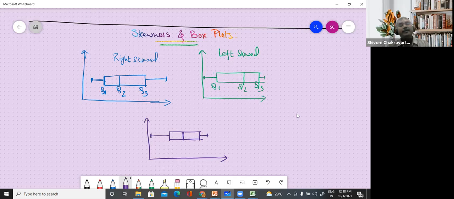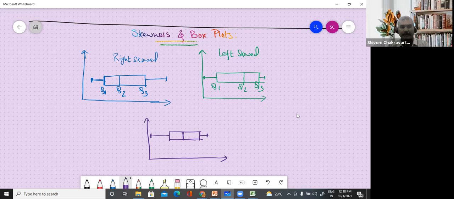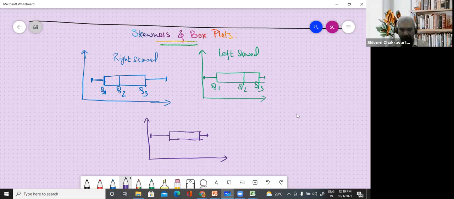Now tell me whether this belongs to left skewed data or right skewed data. Right skewed should be when the right side is a bit longer. Or if it's the same, then it's a symmetrical graph. I have tried to draw this in the middle actually. So this is almost in the middle. Q2 is almost in the middle.